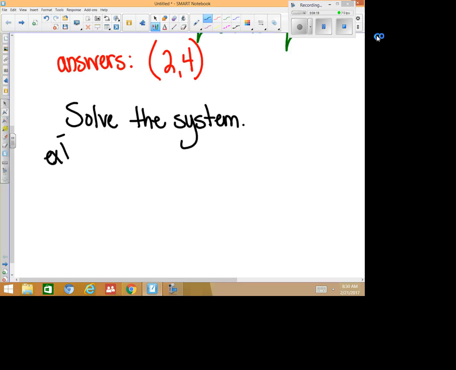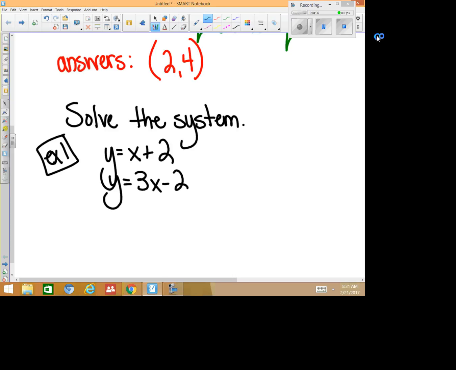So, example 1. Now, I don't have a calculator, so I cannot really do this for you. So how do I put this in the calculator? First step. Step 1, y equals.